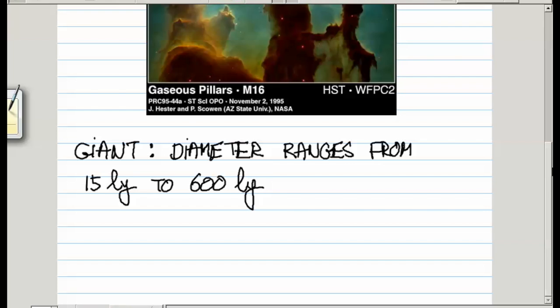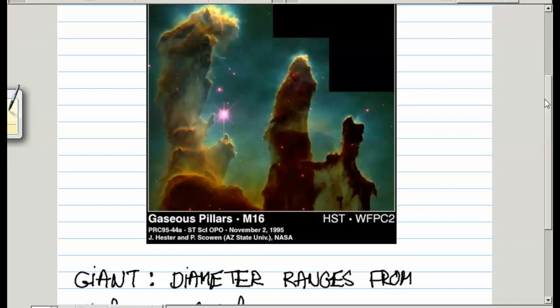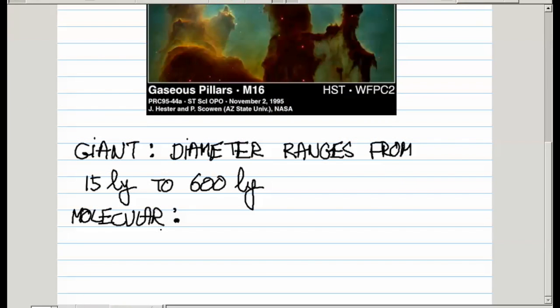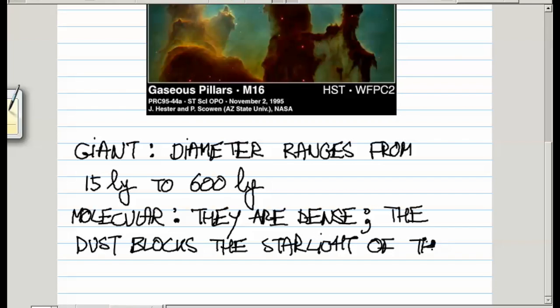And as I pointed out earlier, the column on the left, its height is 1 light year from the top to the bottom. So you can appreciate how large these structures are.